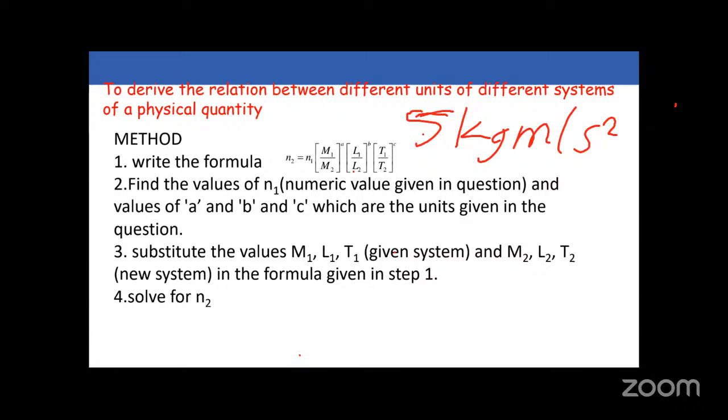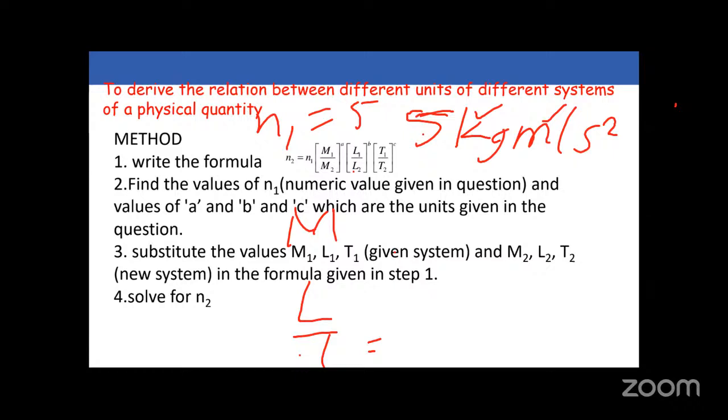Mass is kilogram, acceleration is meter per second square. So in this value, 5 is my N1. N1 is equal to 5. M is equal to kg. L is equal to m. T is equal to s.